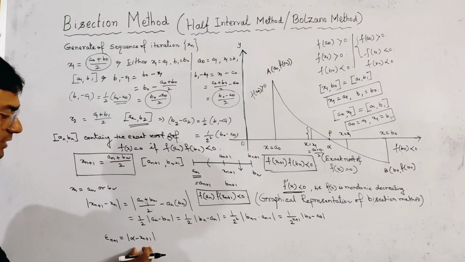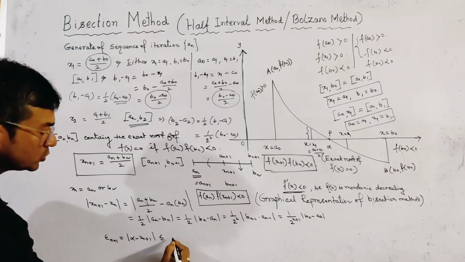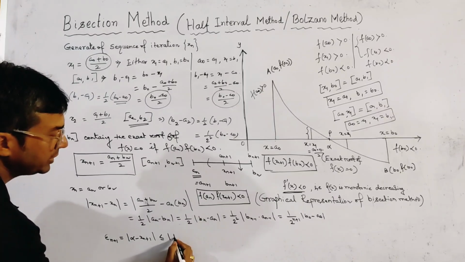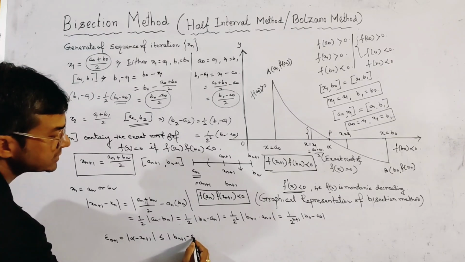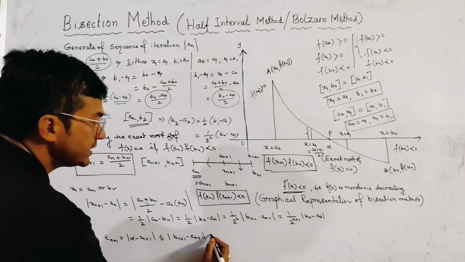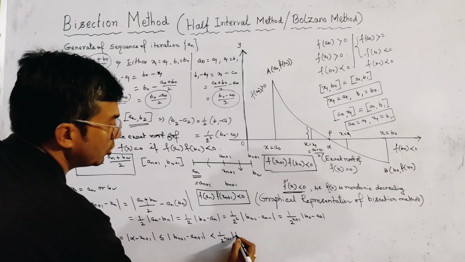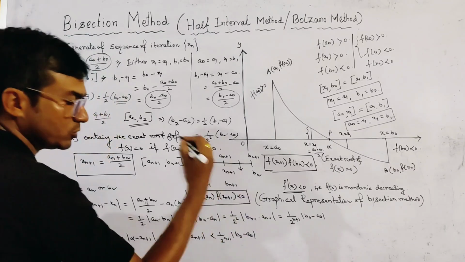We can write that mod of alpha minus xn plus 1 is always less than or equal to mod of bn plus 1 minus an plus 1, and obviously this is less than 1 by 2 to the power n plus 1 into mod of b0 minus a0.